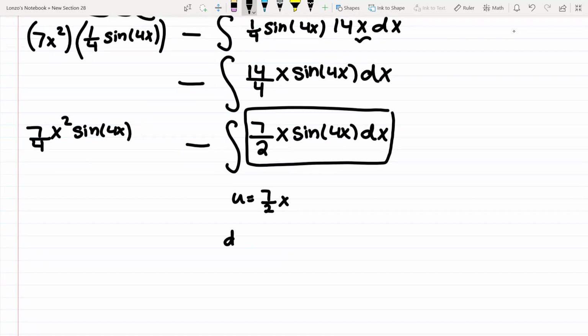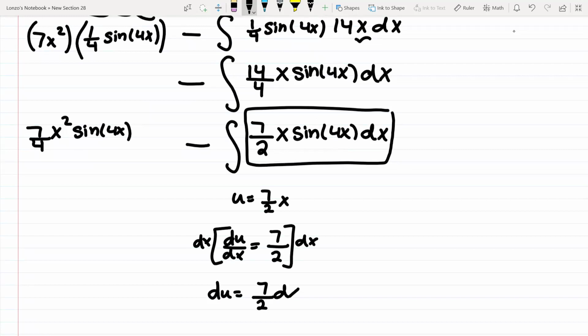And then my du dx is just regular 7/2. Oh, and then wait, we want to just get regular du, so I have to get rid of this dx by multiplying both sides by dx. So it's du equals 7/2 dx.